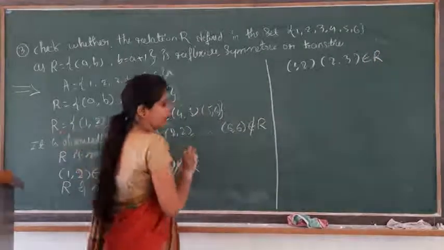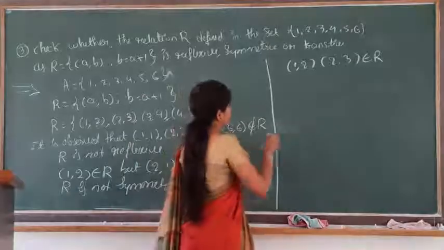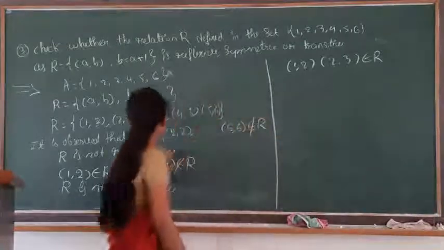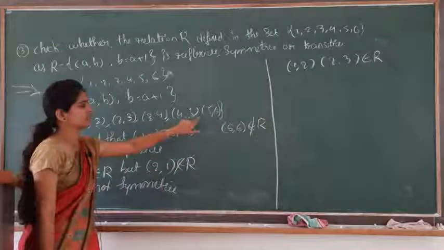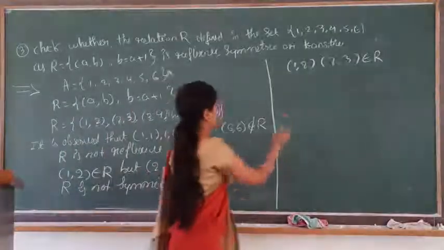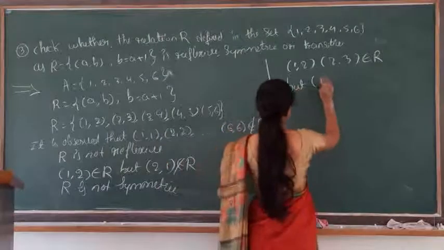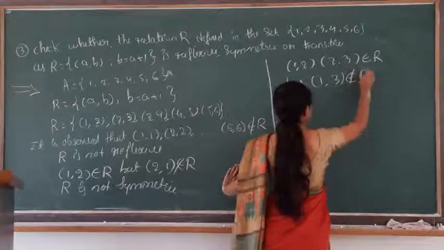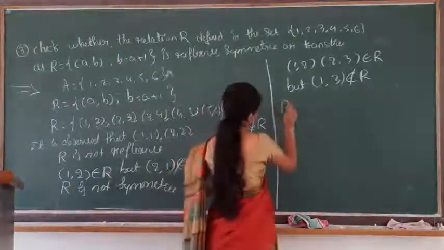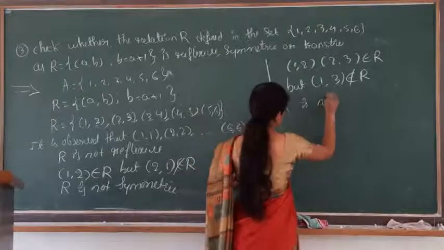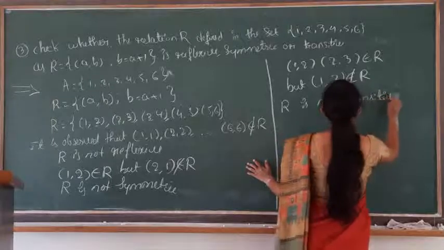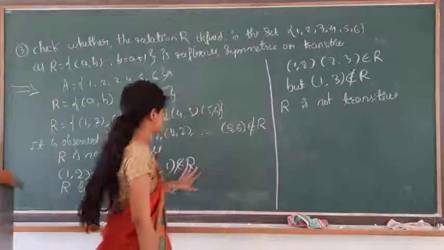According to the definition of transitive, (1, 3) should also belong to R, but in the given relation (1, 3) does not belong to R. Since (1, 3) does not belong to R, by the definition of transitive, R is not transitive.